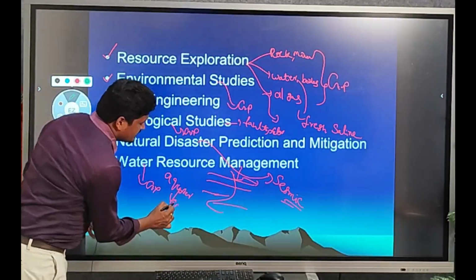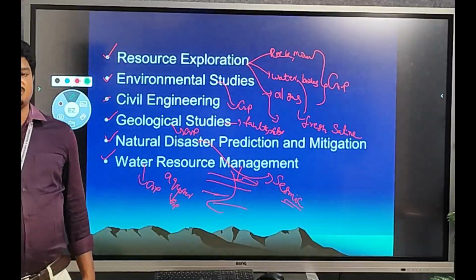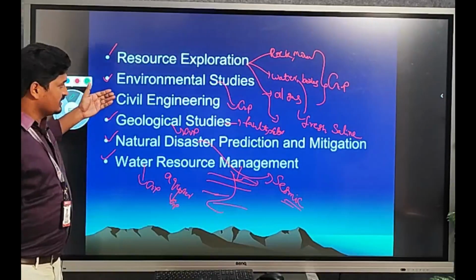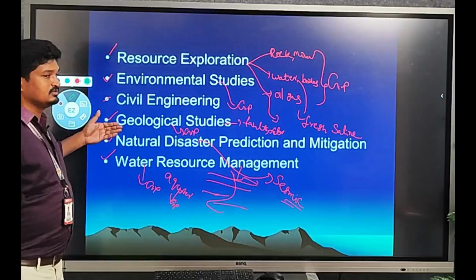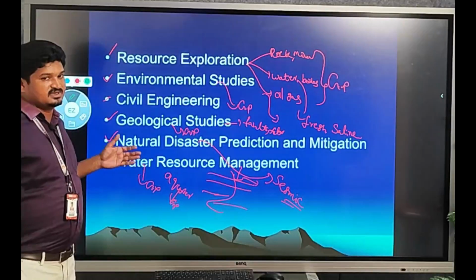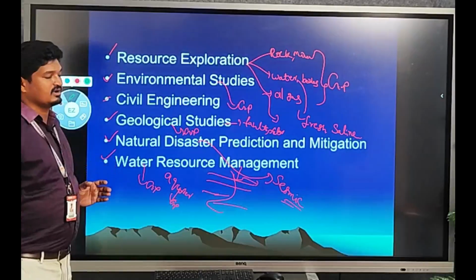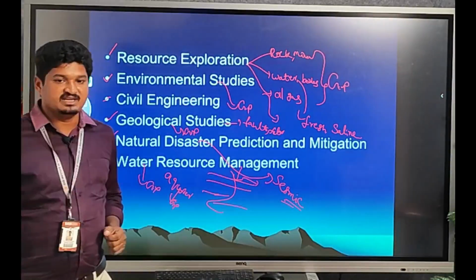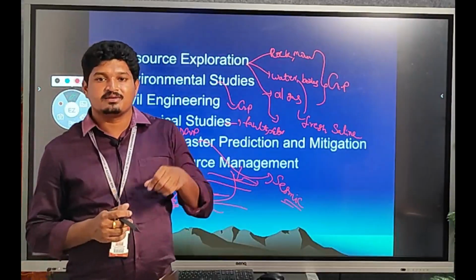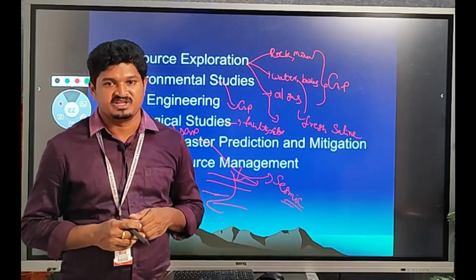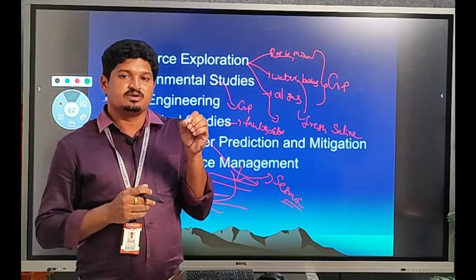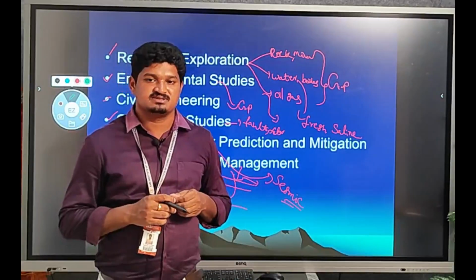So these are the importance given to different aspects: resource exploration, environmental studies, civil engineering purposes, geological studies, natural disaster mitigation, and water resource management. For any geophysical experiment, it gives systematic knowledge of the subsurface geology. If you know the subsurface geology, we are able to find what type of lithological structures are there.